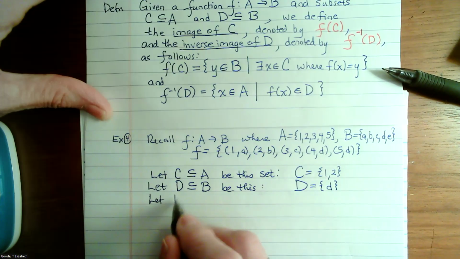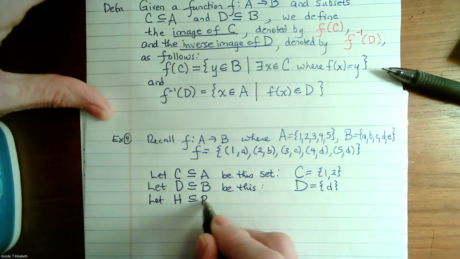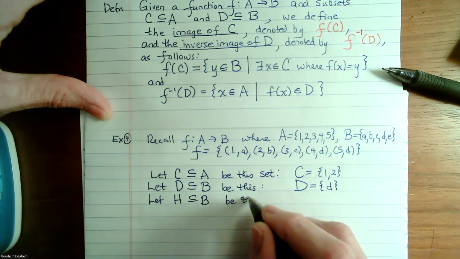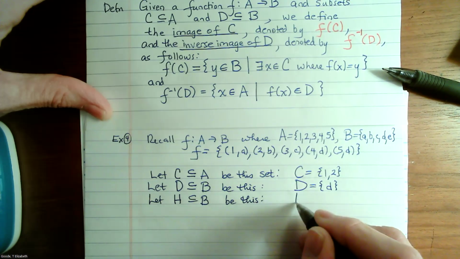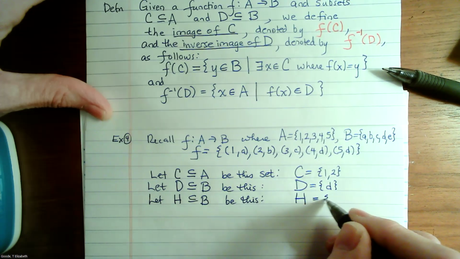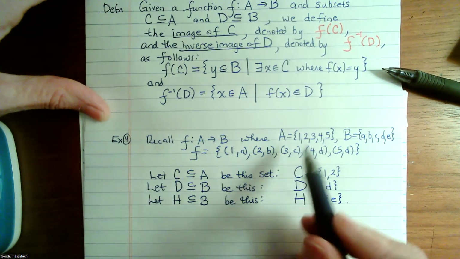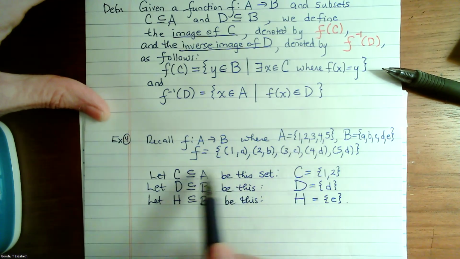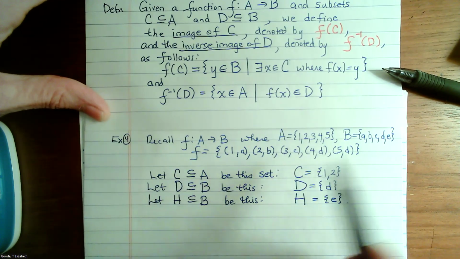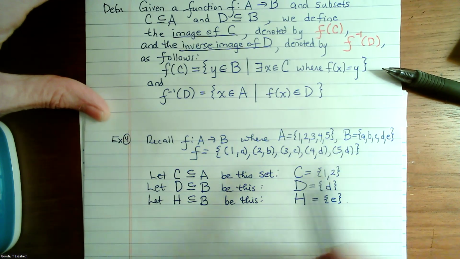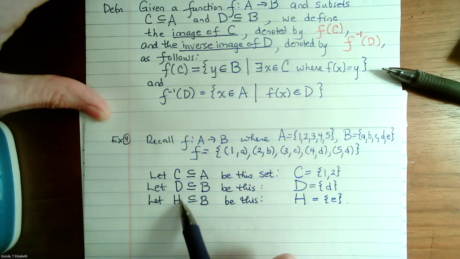And then we're going to let H be also a subset of B, be this set. In H, we're going to put the element little e. Okay, so we have a domain and a subset of the domain called C. We have the codomain B and a couple of subsets of the codomain, D and H.